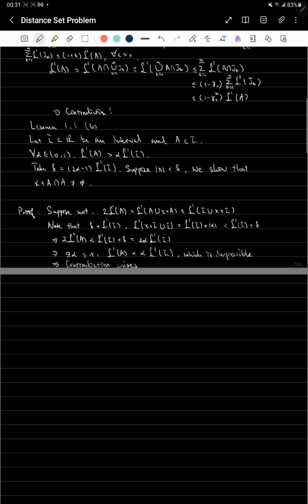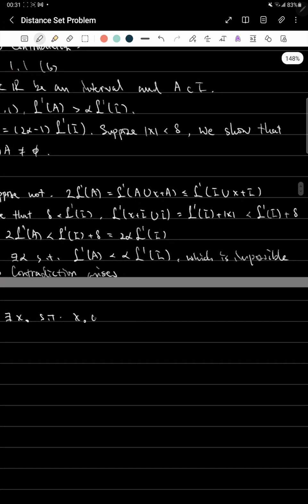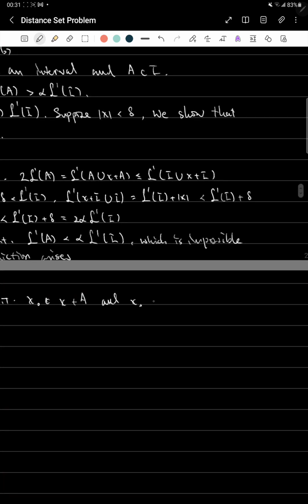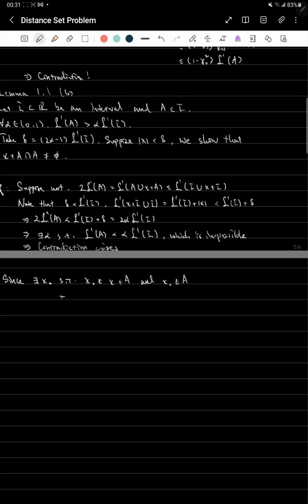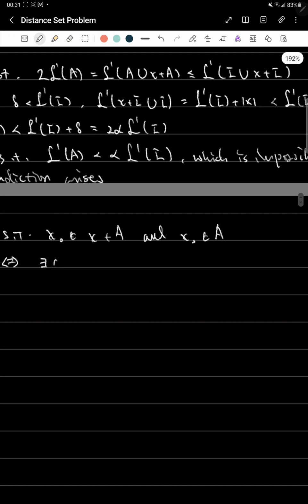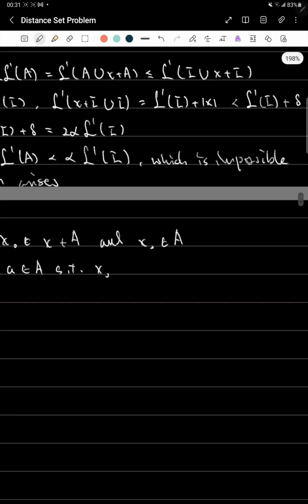Okay, so let's do the theorem proper. Since there exists some x0 such that x0 is an element of x plus A, and x0 is an element of A, equivalently there exists some a from the set big A such that x0 is of this form.